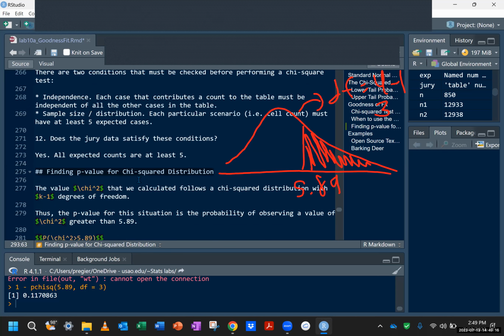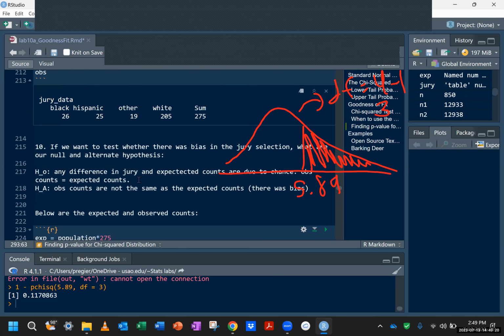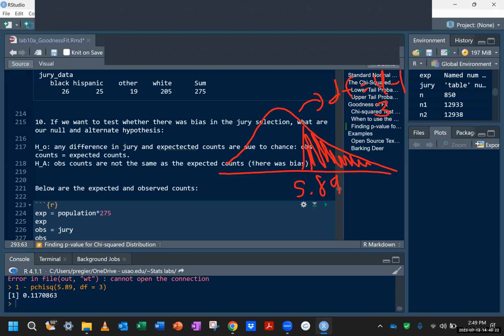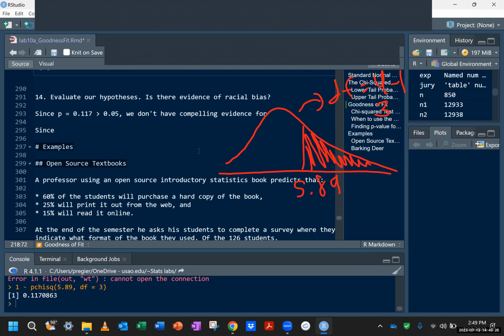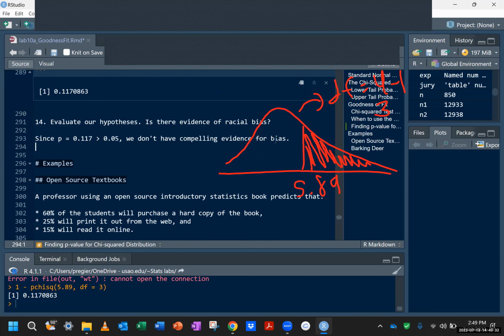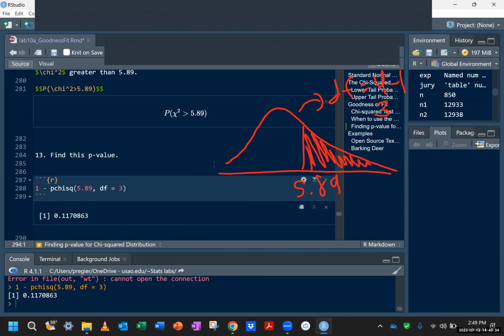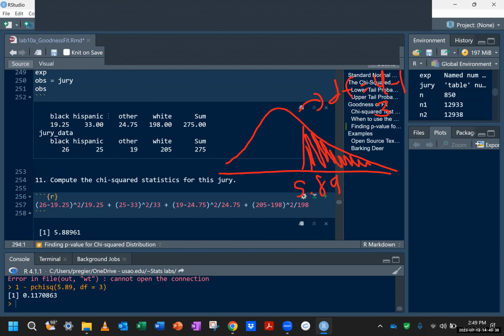The alternative said there was bias. So we can say we don't have evidence for bias, at least not compelling evidence. So when we look at those samples, what we observed and expected, the differences that we observe are apparently due to chance from our test. So that's what we found.